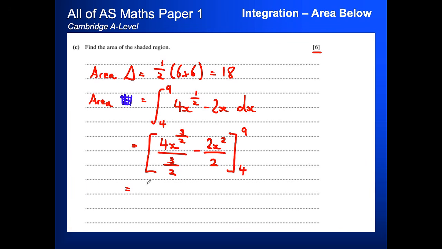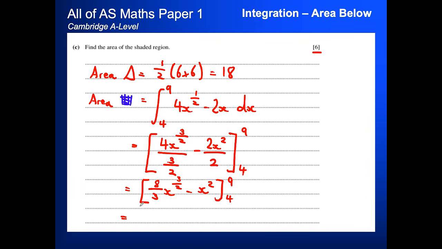Let's tidy this up before we continue our integration. So if we actually just flip this in times, that's going to give us 8 over 3 x to the power of 3 over 2 minus, well, okay, just cancel, so x squared between 9 and 4. And now we're actually going to work this out by substituting 9 in first and then minusing, substituting 4 in.